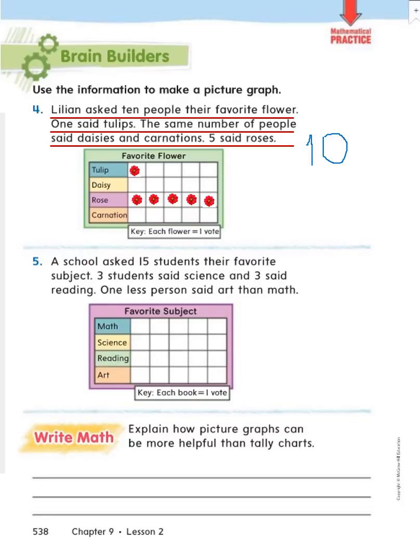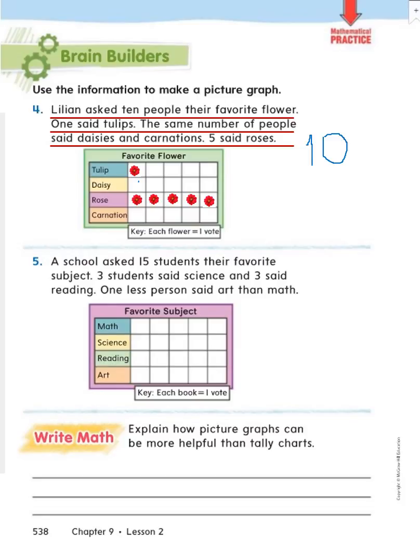But now what are we going to do about daisies and carnations? It says the same number said daisies and carnations. So you can pause here if you need time to figure it out. If you're not sure, I'm going to go ahead.